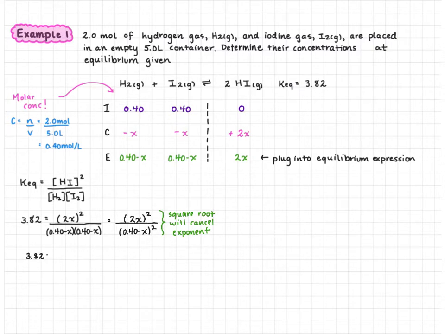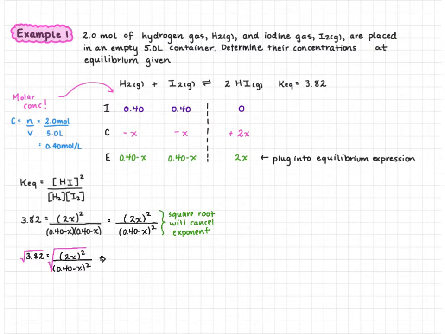So we're going to just rewrite this now as 3.82 equals 2x squared divided by 0.40 minus x squared. We'll take the square root of both sides. That will cancel out the squared over our x variables.